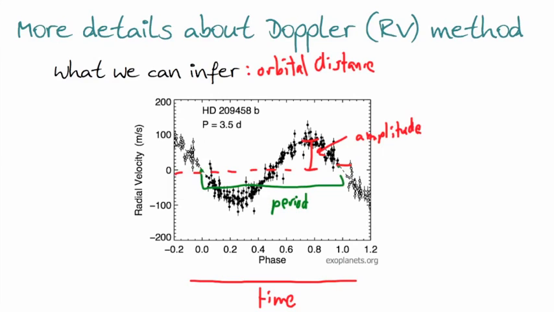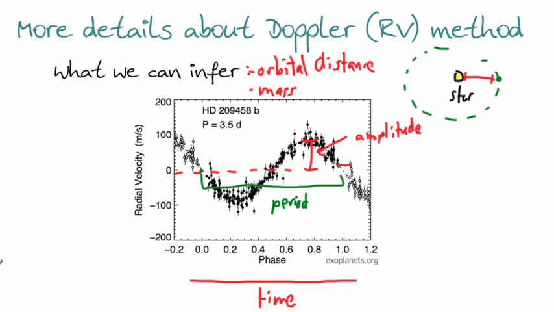If this right here is my star, we don't see the planet, we actually can't see this planet going around here. But from this, we can tell how far away it is, which is really cool. On top of that, you can also tell the mass of the planet. You can calculate both the orbital distance of this invisible planet and its mass.